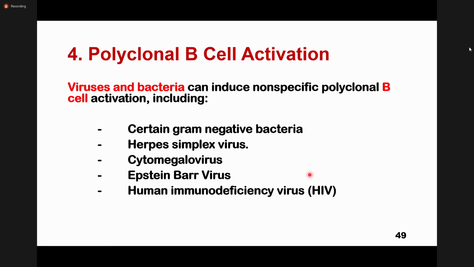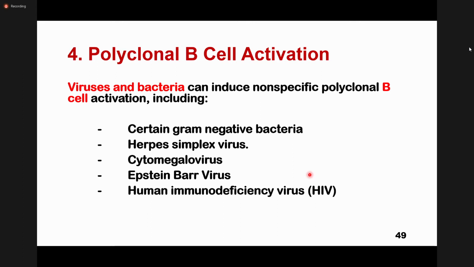Polyclonal B cell activation. I'm not sure how you will understand this one. This one is like proliferation. Viruses and bacteria can induce the proliferation of our immune system cells in a non-specific way. In a non-specific way, they will try to proliferate and differentiate our B cells in a polyclonal way, in many ways.